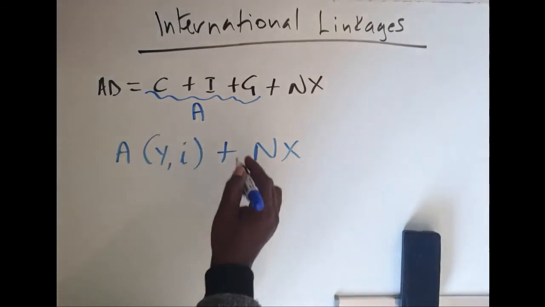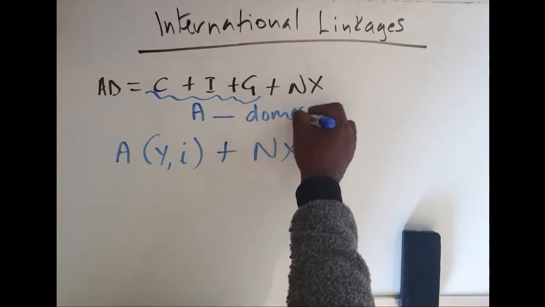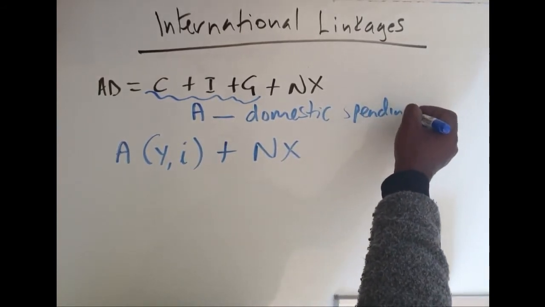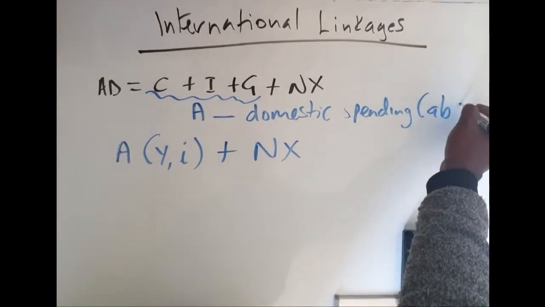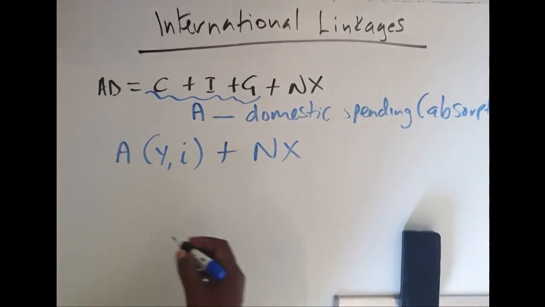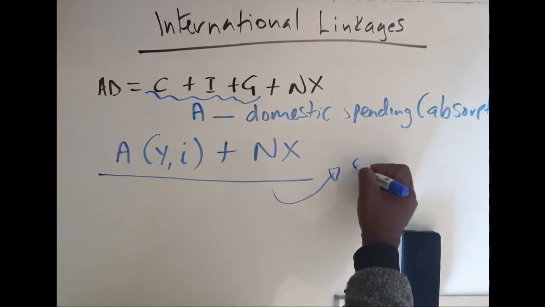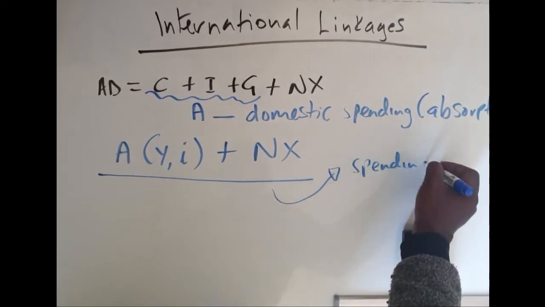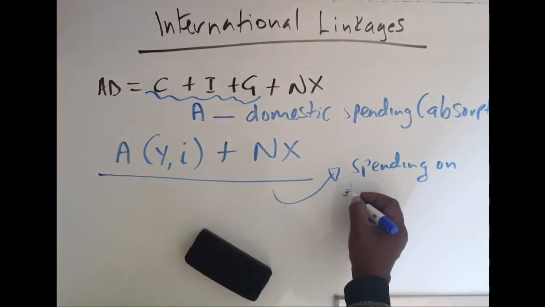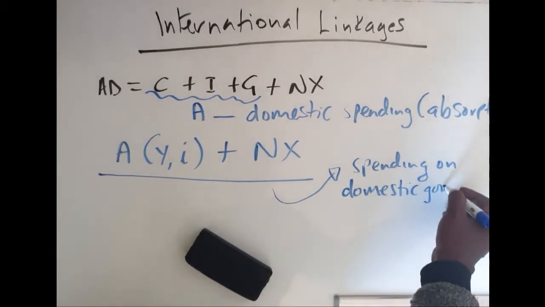So this, in other words, is domestic spending or absorption. And then this together is spending on domestic goods. That's the idea.